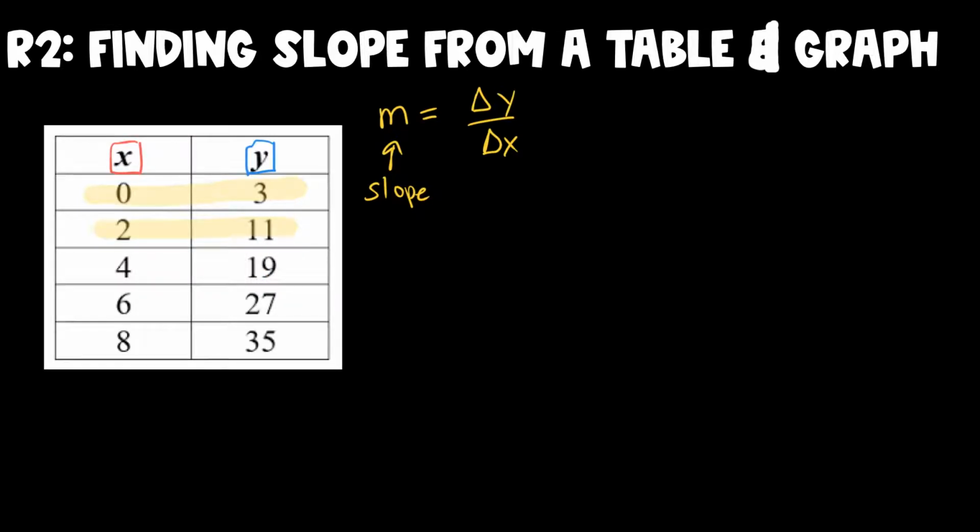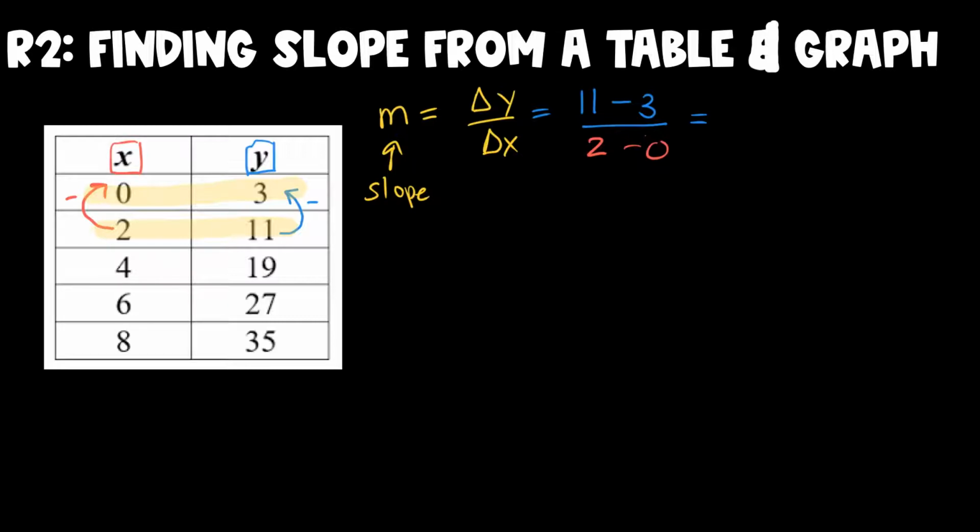So I'm going to do 11 minus 3, and that's what goes on top. I'm finding the change. Then we do the same thing for the X values. Working from bottom to top, I'm going to subtract 2 minus 0.